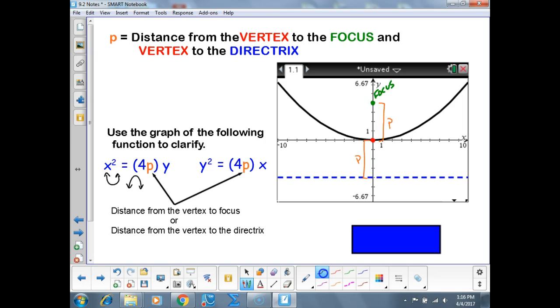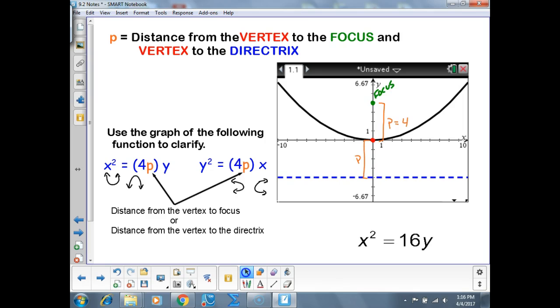Y squared parabolas open left or right. Okay? So since this is an upward facing one, okay, the equation here, since this distance p is 4, 4 times 4 is 16, so the equation here is x squared equals 16y. But we'll get more into that as we go on.